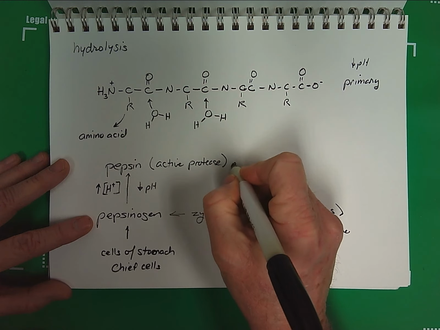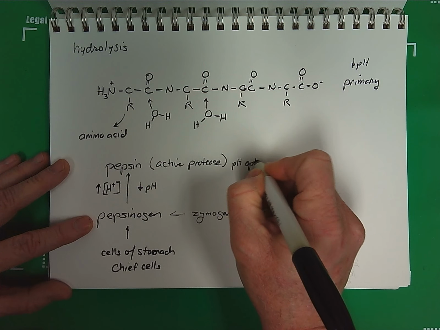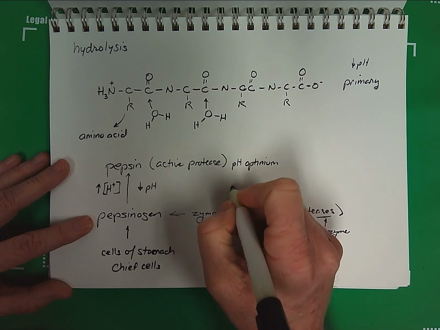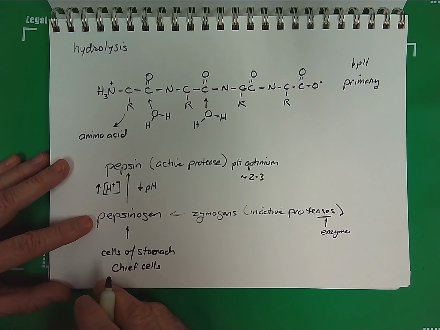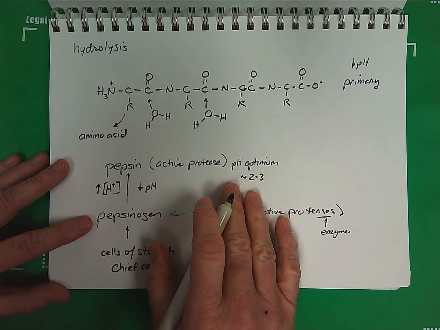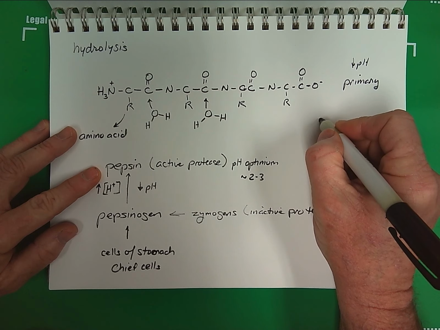The pH optimum for pepsin is approximately 2 to 3. This is a very important feature of this particular enzyme.